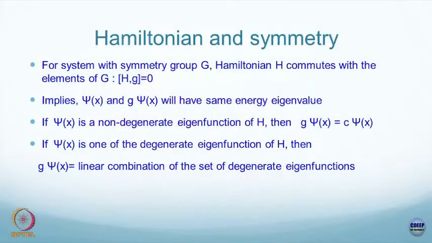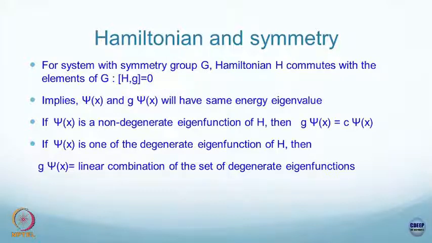Okay. So, to sum up what I am trying to tell you, I just wanted to flash this for you since I have done so much. For any system with symmetry group G, the Hamiltonian H will commute with the elements of G. That is the definition of saying that the Hamiltonian has a symmetry.